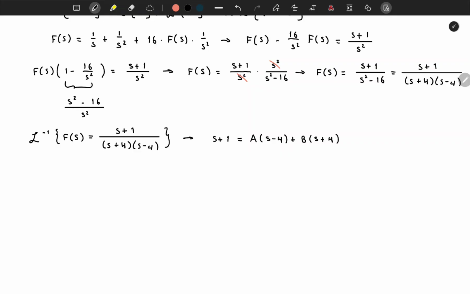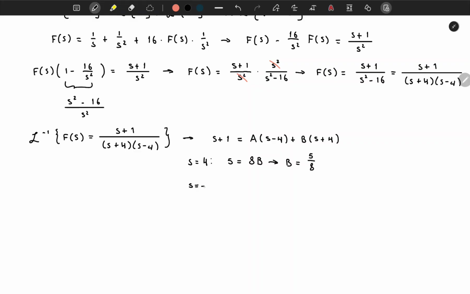And then we can try s equal to 4. So 4 plus 1 is equal to 5. 4 minus 4 times A is 0 times A, so 0. And then 4 plus 4 is 8, so this would be 8B. B would be equal to 5 over 8.